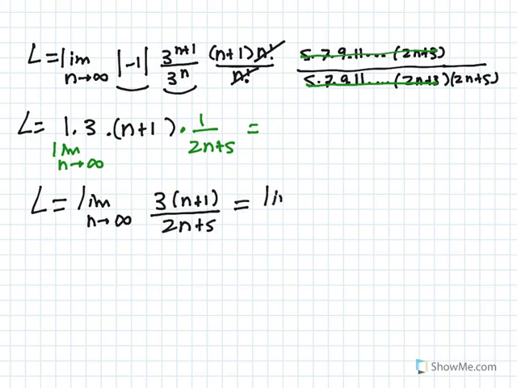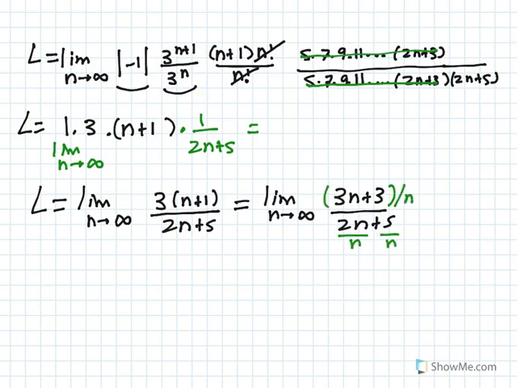This is equal to limit n approaches infinity 3n plus 3 divided by 2n plus 5, and divide by the highest power in the denominator, divide by n, divide by n, and divide by n.